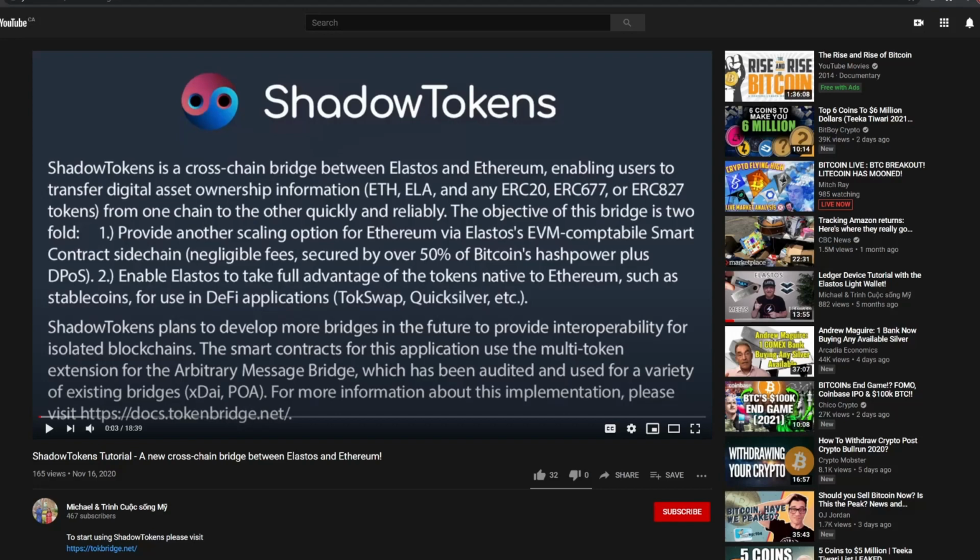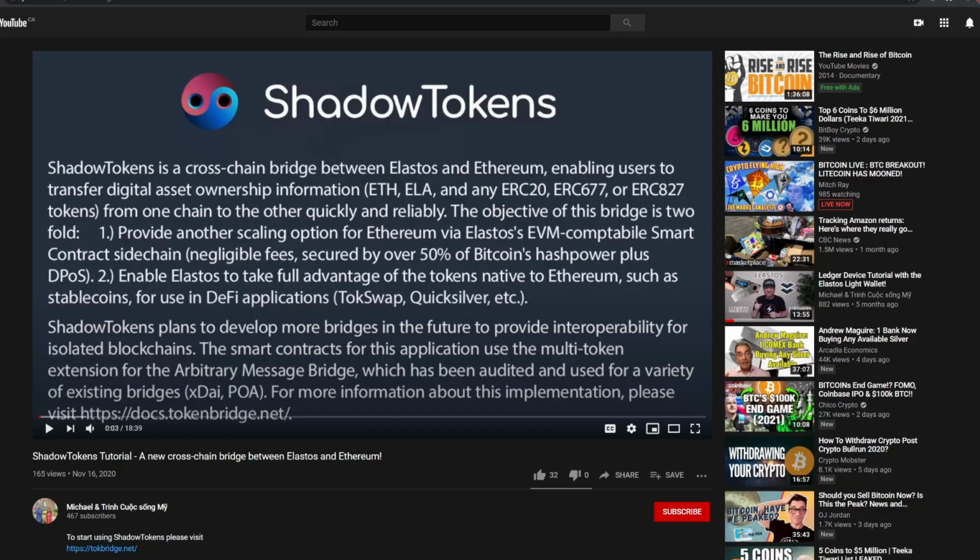The objective of this bridge is to, one, provide another scaling option for Ethereum via Elastos' Ethereum virtual machine compatible smart contract sidechain, with negligible fees, secured by over 50% of Bitcoin's hash power plus DPoS. Also, number two, enable Elastos to take full advantage of the tokens native to Ethereum, such as stablecoins for use in DeFi apps. Okay. Shadow Tokens plans to develop more bridges in the future to provide interoperability for isolated blockchains.